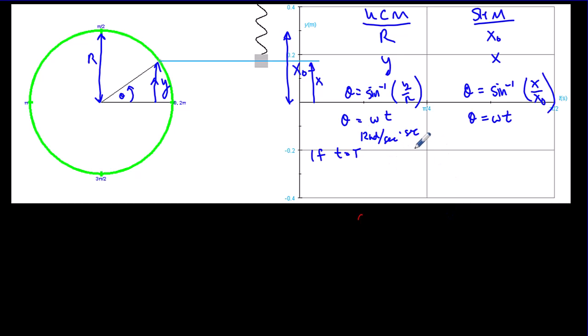And we can see that here, because omega is equal to 2 pi over the period. You multiply that by time, and you set the time equal to the period, you're going to get 2 pi times period over period, which is just 2 pi. So this angle that we've rotated through is always equal to omega times t.